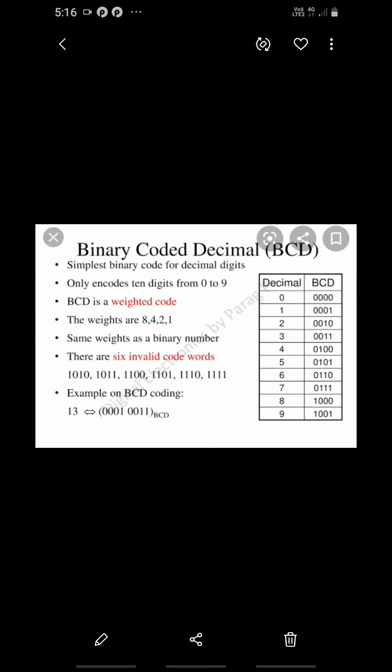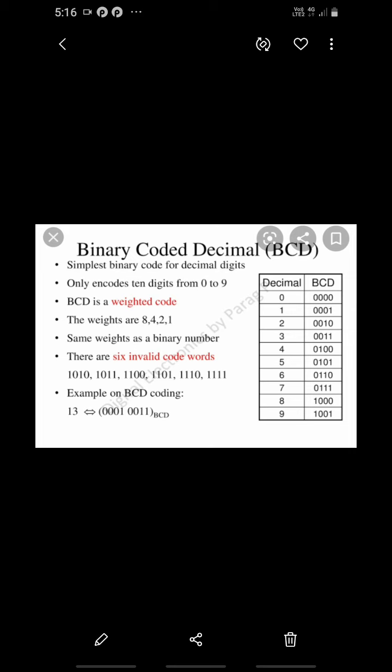Next, binary coded decimal. It is the simplest binary code for decimal digits, and only encodes 10 digits from 0 to 9. BCD is a weighted code.